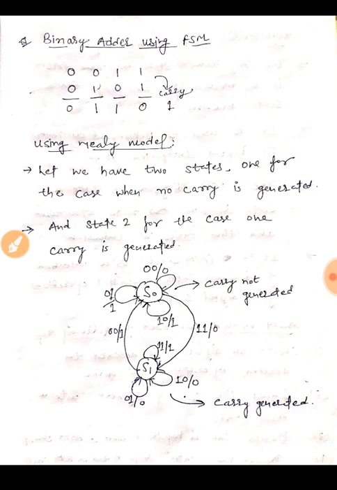Okay. Now if it is in state S1, what are the possible transition cases over there? Let's see.